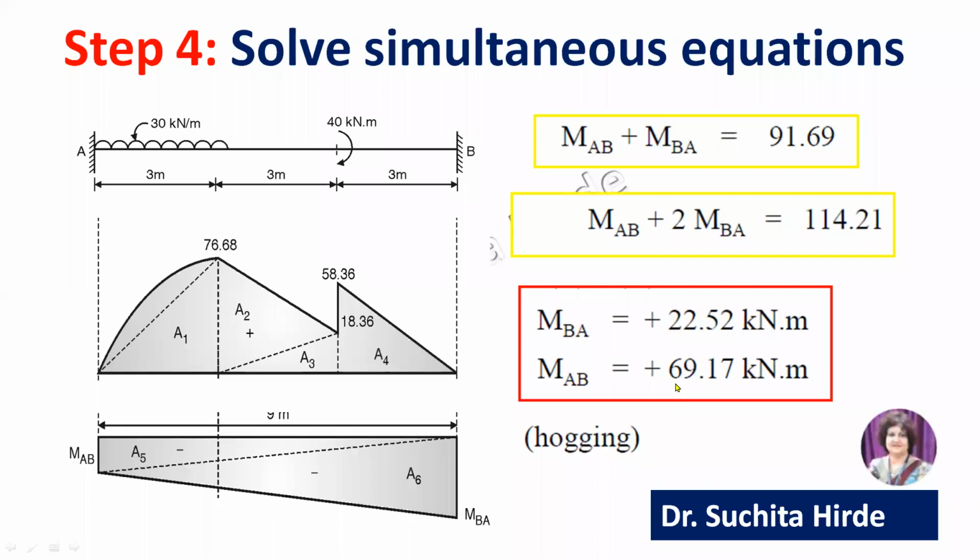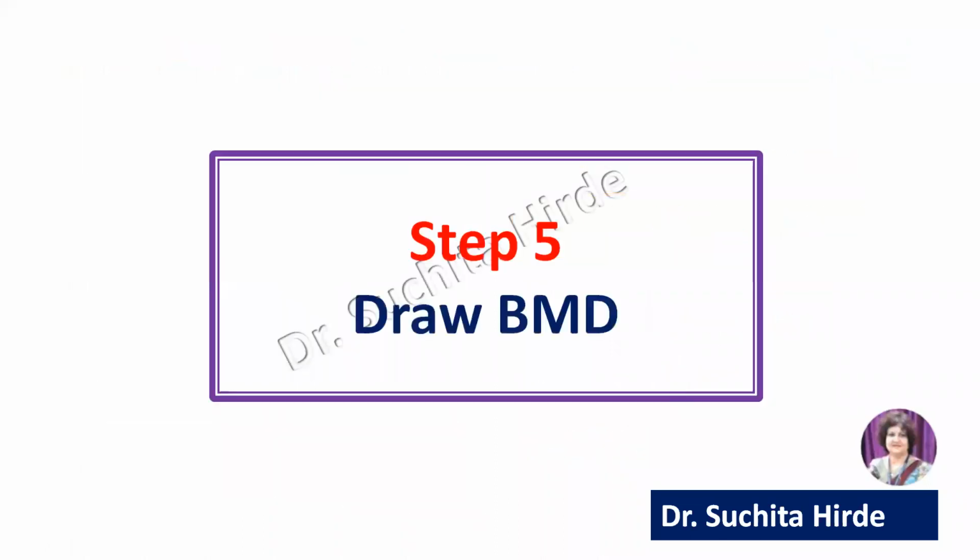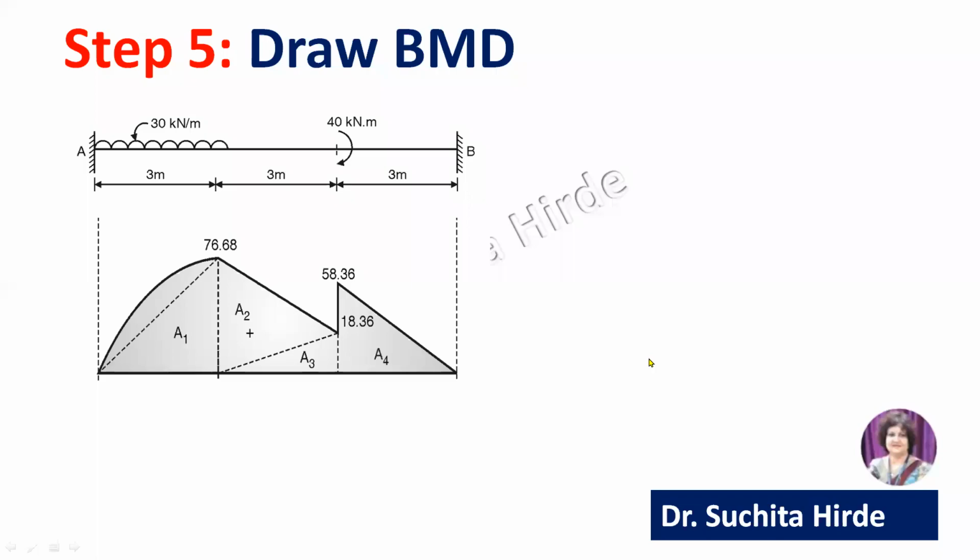Now, as you know that after calculating moments, the last step is to draw the bending moment diagram. So we draw the bending moment diagram by superimposition. That means the bending moment diagram due to load over which we overlap the bending moment diagram due to fixed end moments.